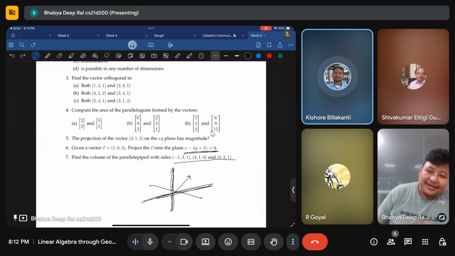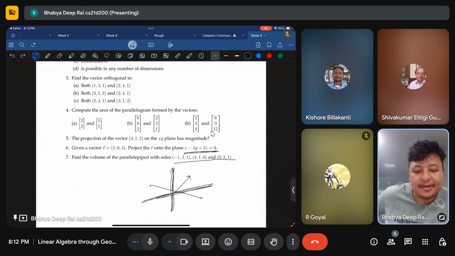Let me check. In one of my courses, I have the source code. Probably I'll check whether I have it in my records, and if I find it, I can mail you. Great.